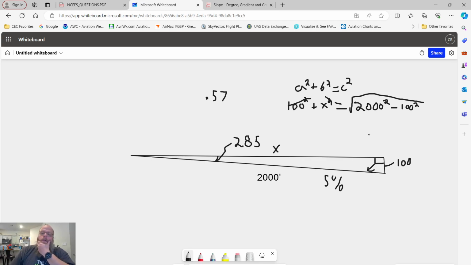Okay, and let's see with our math here, handy dandy math calculator, that's going to be 4 million. That's an easy one. Minus squared, it's 10,000.